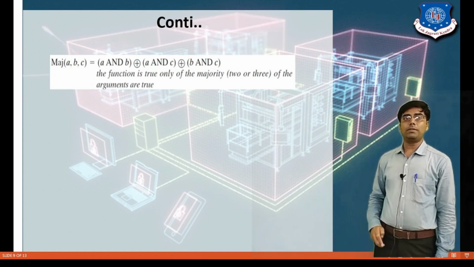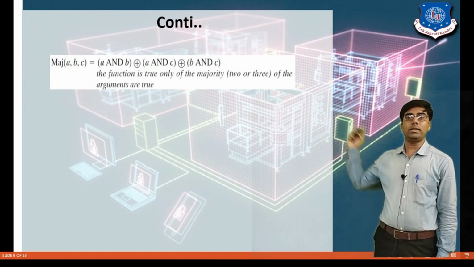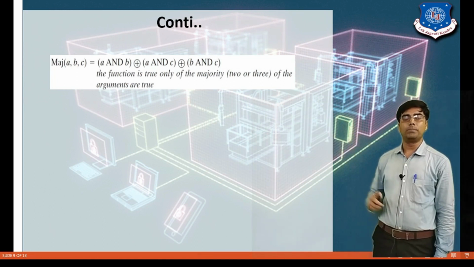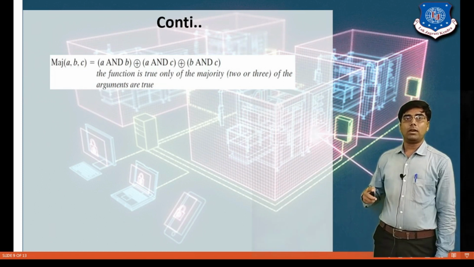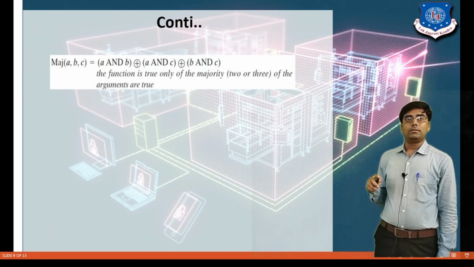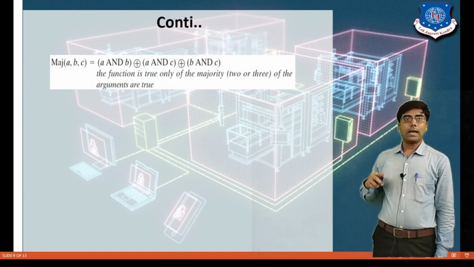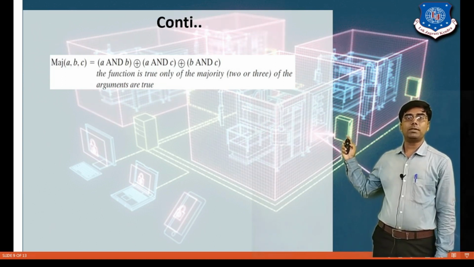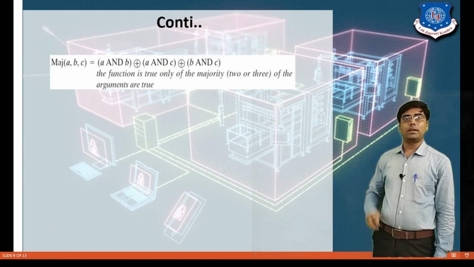In the majority function, MAJ bracket ABC, it means that we are considering three inputs. These three inputs are buffers, and we are applying three buffers as input, which is called the logical function.